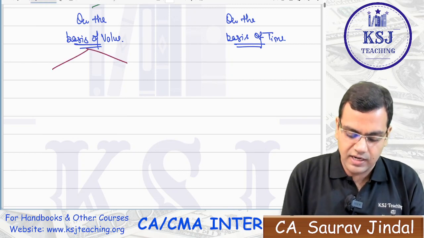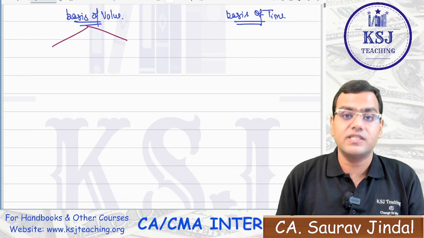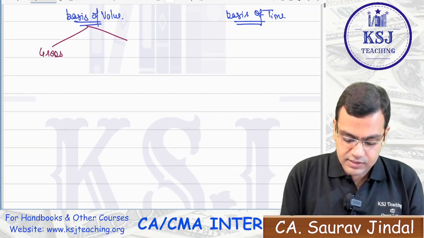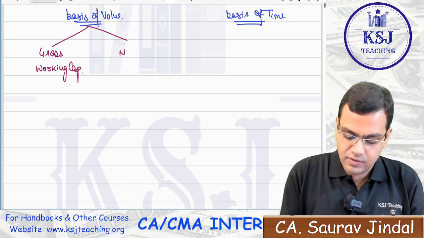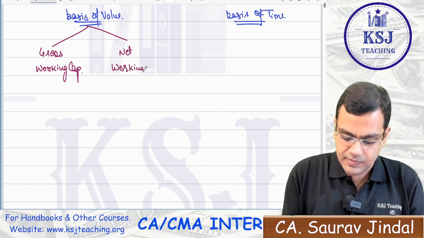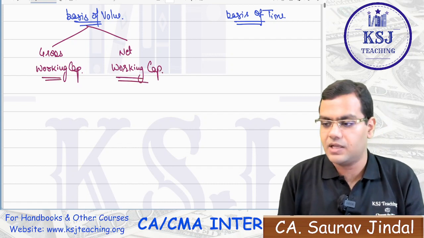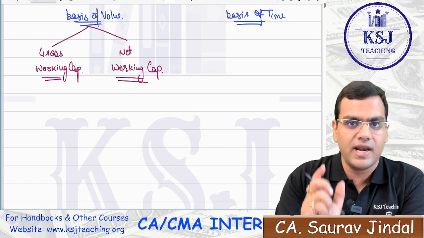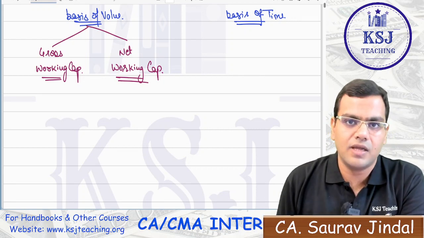On the basis of value, the one that we have is gross working capital, and the second one is net working capital. So what is gross working capital? The gross working capital is where we see it from only one angle, that is, the amount that is there in our pocket, right?